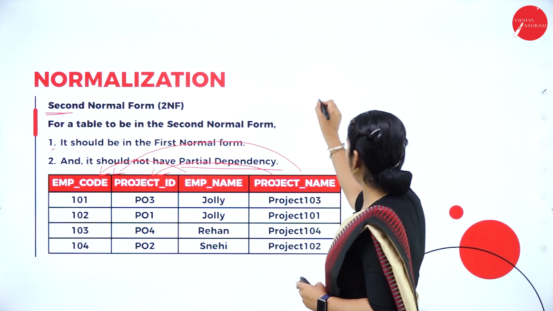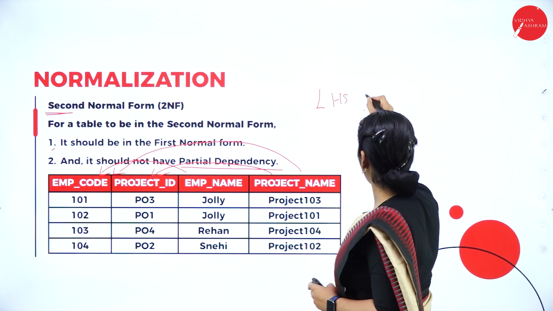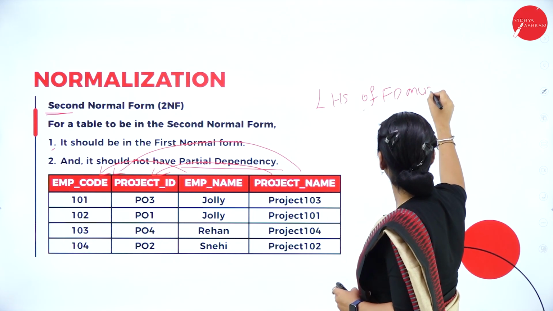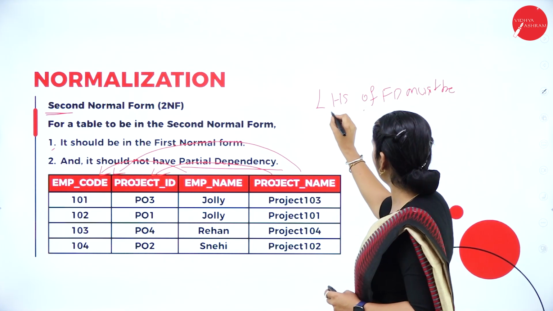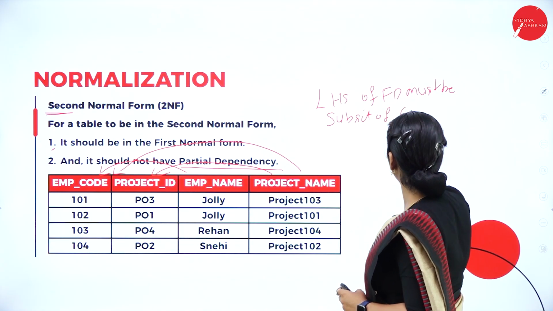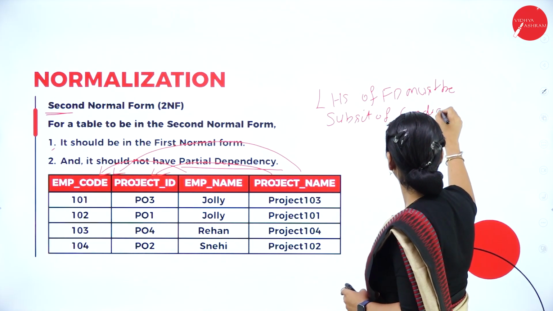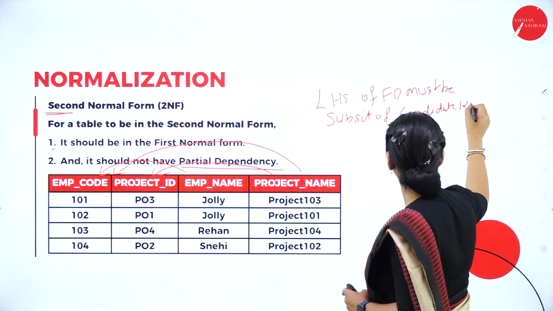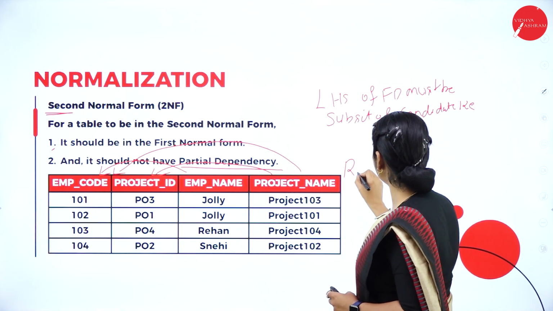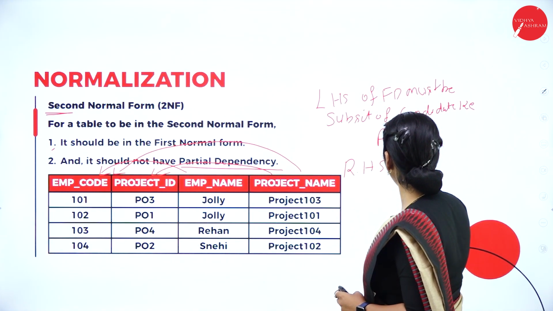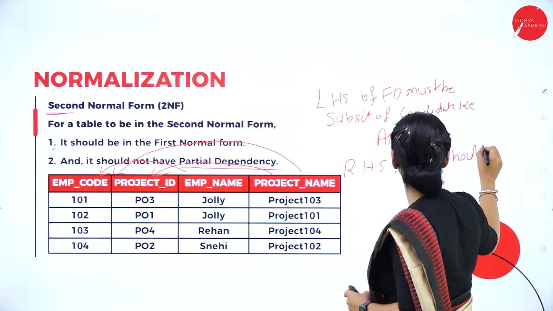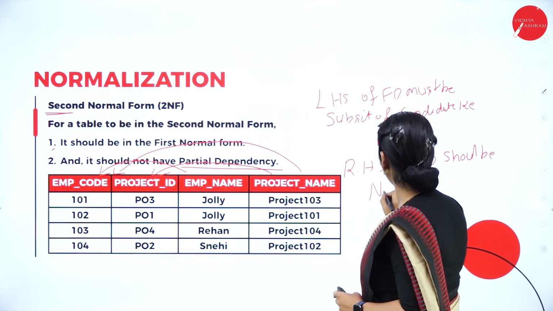That is left hand side of functional dependency must be subset of candidate key, and right hand side of functional dependency should be a non-prime attribute.